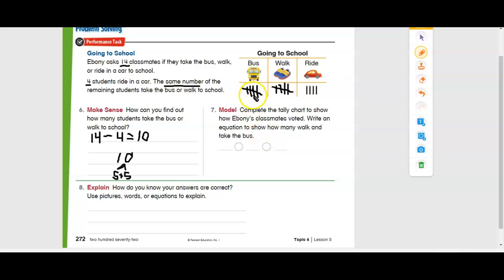So write the number of students that took the bus in the blank, add together the number of students who walked, and then write your total answer in the blank. So for number 7, count how many students rode the bus, write that number here, then count how many students walked, write that number here, then add the 2 numbers together.